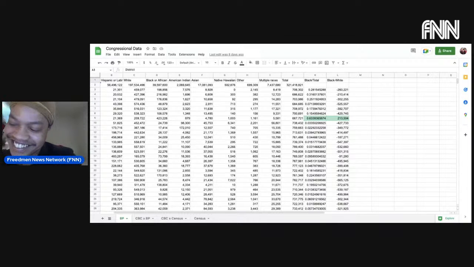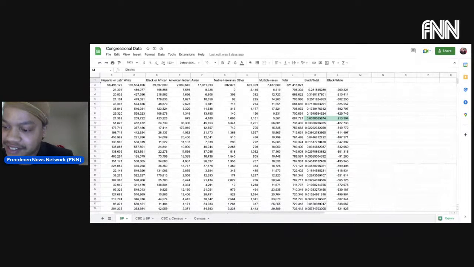My question is largely related to local programs. I know the emphasis is on federal, but say hypothetically a Freedman is the mayor in, for instance, the town of Chapel Hill, North Carolina, or Durham, North Carolina.